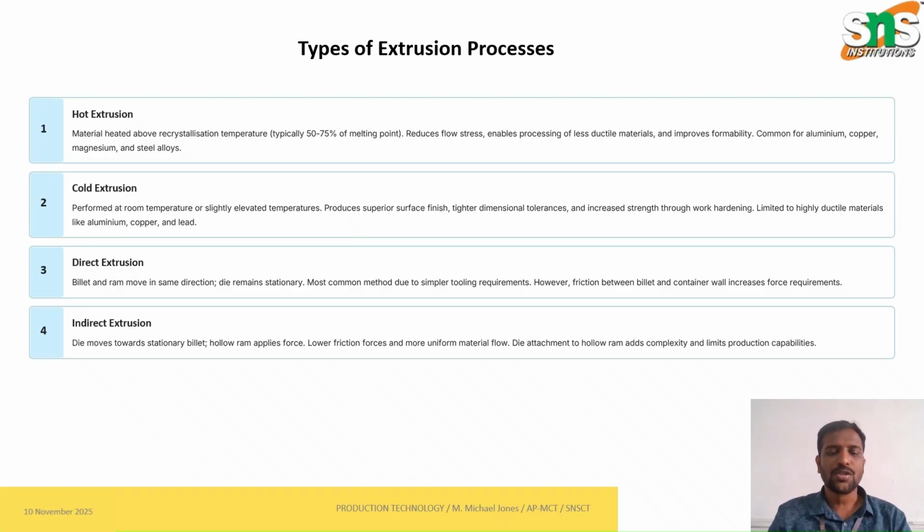Indirect extrusion is the opposite of direct extrusion: the billet and the ram move in opposite directions. For example, we'll be using a hollow ram. When the ram is pushed into the piston, the material flows out through the hollow section.